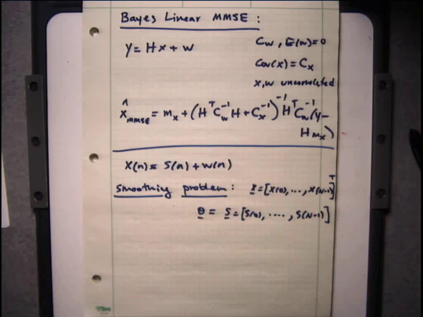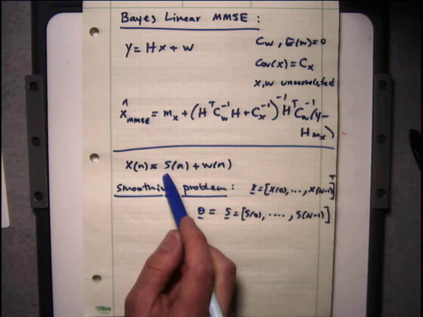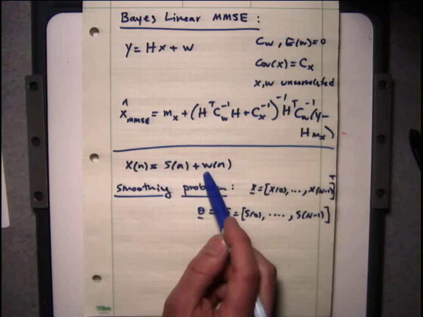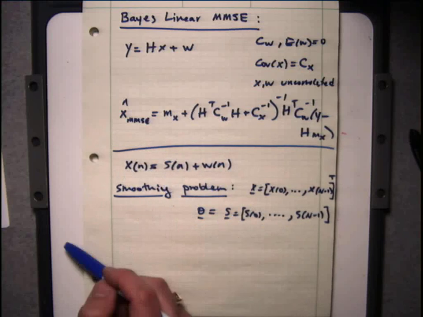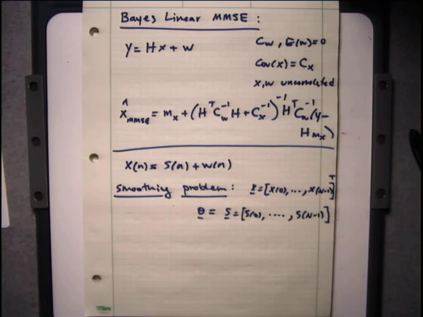Now, what we know about these variables is we know some statistics of s, and we know some statistics of the noise. And from this, we're going to try to find the best estimator in the Bayes linear minimum mean squared error sense.